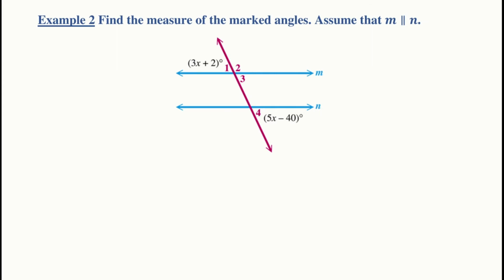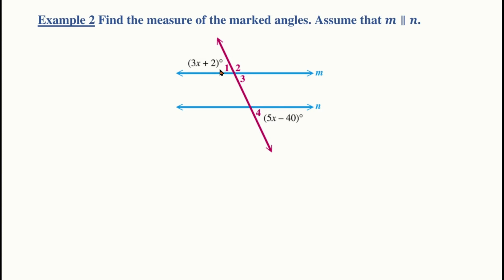All right, here we're going to find the measure of the marked angles, right? In other words, we want to find the measure of 1, 2, 3, and 4. Now notice that the measure of angle 1 and measure of angle 2 are supplementary, meaning once we add the measures, we should get 180.